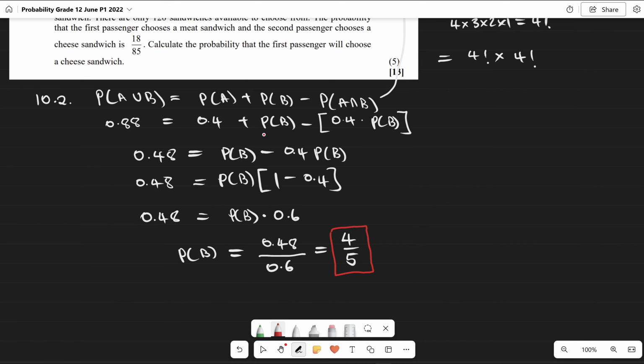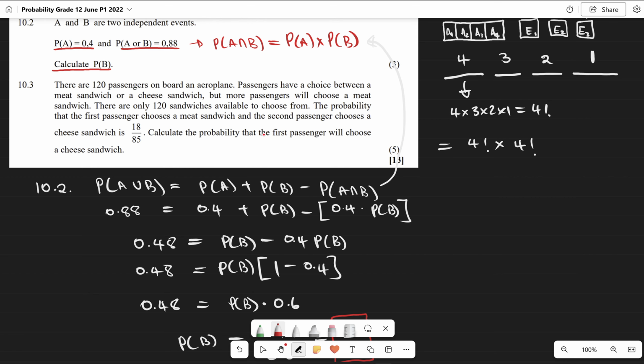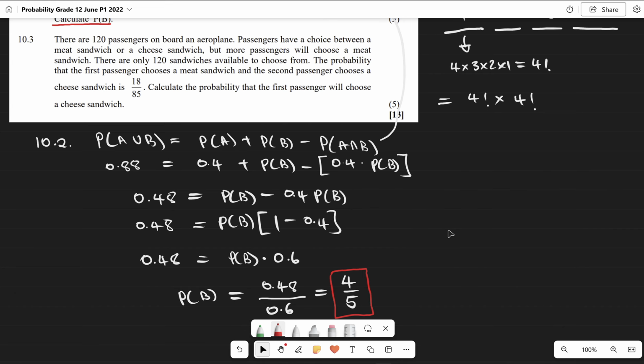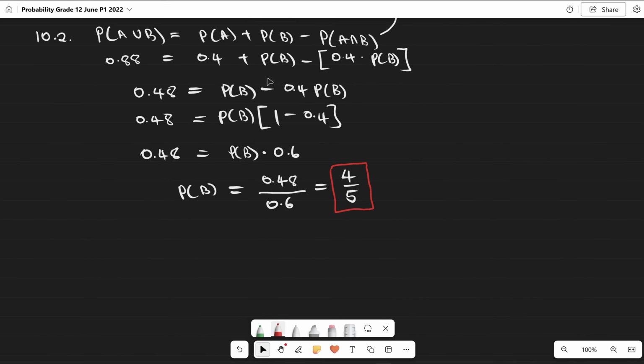After that, we're going to look at question 10.3. Let me just create some space here.